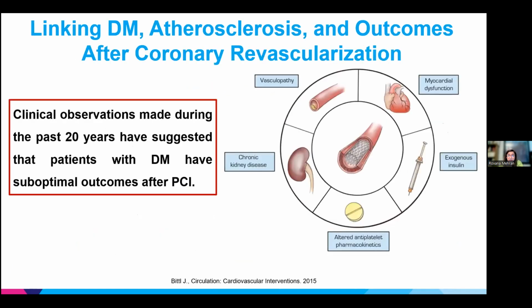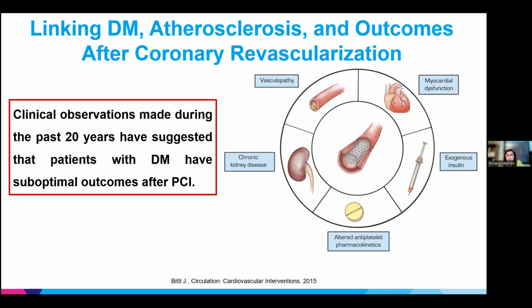So over the last 20 years, we have really seen that currently with our PCI technology, we're at a suboptimal place in treatment of patients with diabetes who present to the cath lab. And in most cases, we are really referring a lot of these patients to bypass surgery.